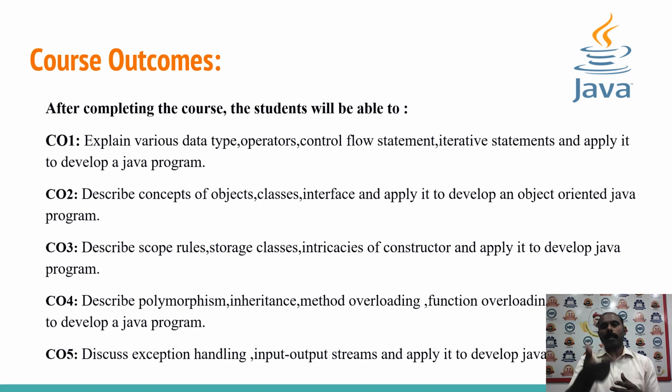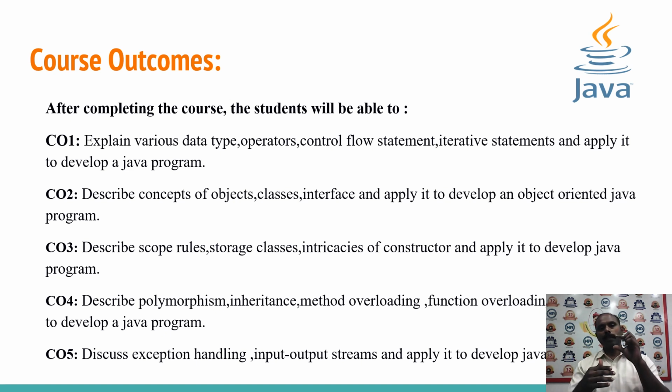We are trying to apply these by creating a class, creating an object, and implementing an interface. This we will understand in course outcome 2. In course outcome 3, we describe storage classes, how you can store, and the scope of a variable. There are different scopes.